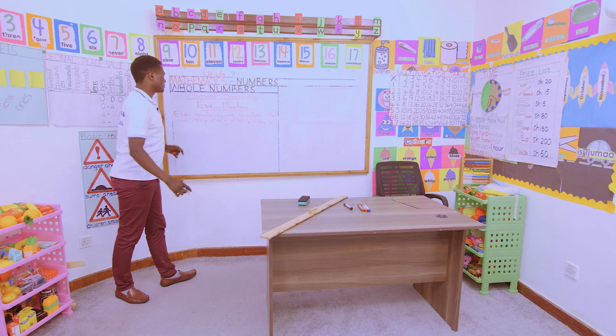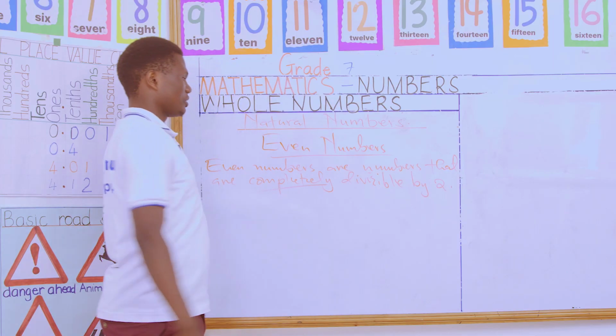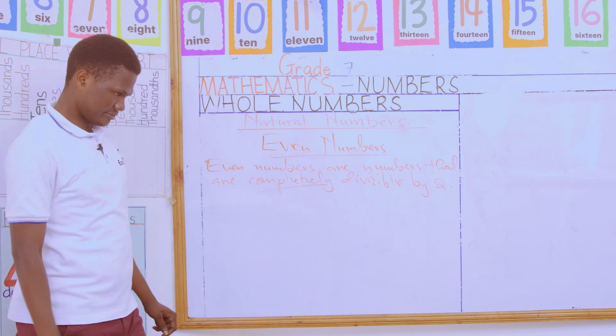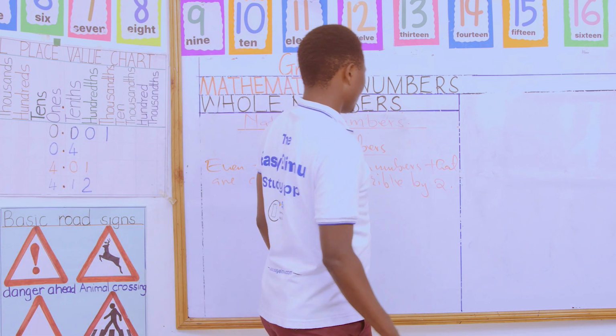When I say completely divisible by 2, that implies that whenever you divide an even number by 2, there is no remainder. There is no remainder.